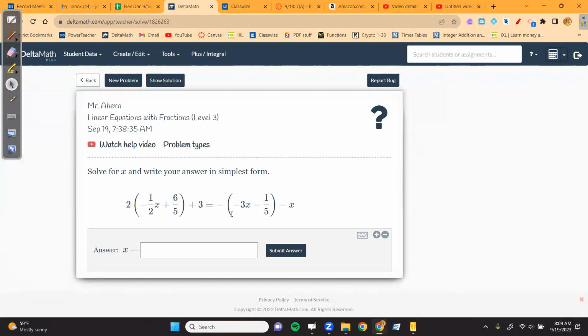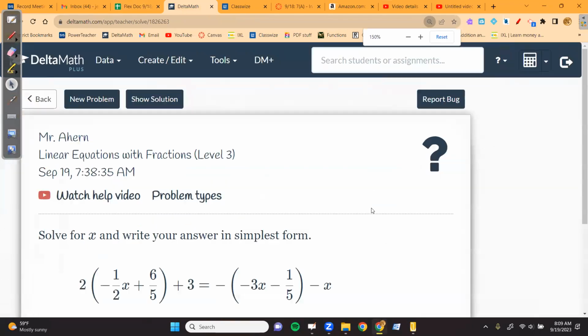So let's just start with this one. And I'll zoom in, by the way, so you can a little better look at it.